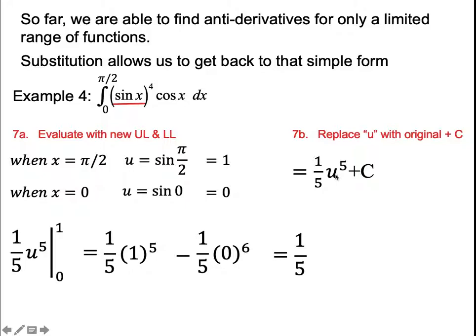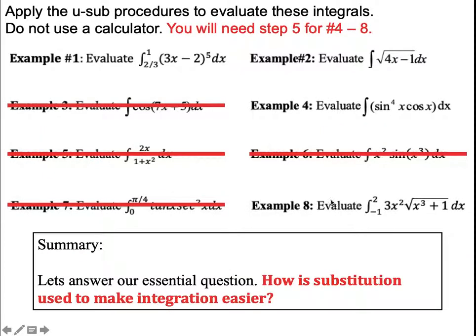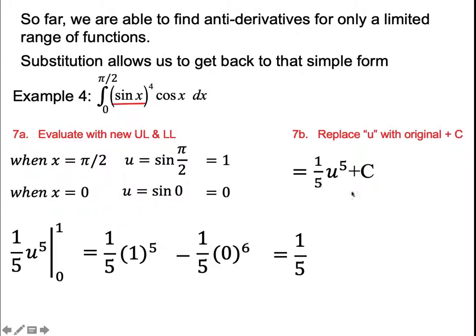So remember, u equals sine x. Oops, and I guess I don't have that written. u equals sine x. So this whole answer then is 1/5 sine to the 5th power of x. And I apologize for not having that written there. And that would be kind of a 7b approach.